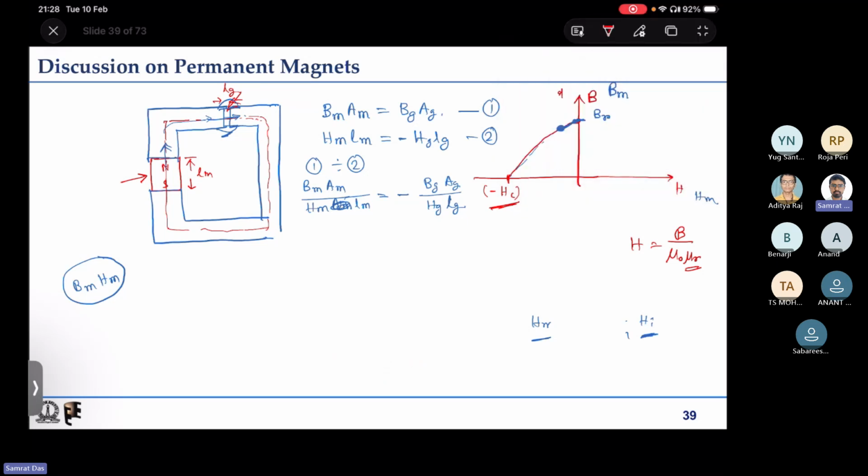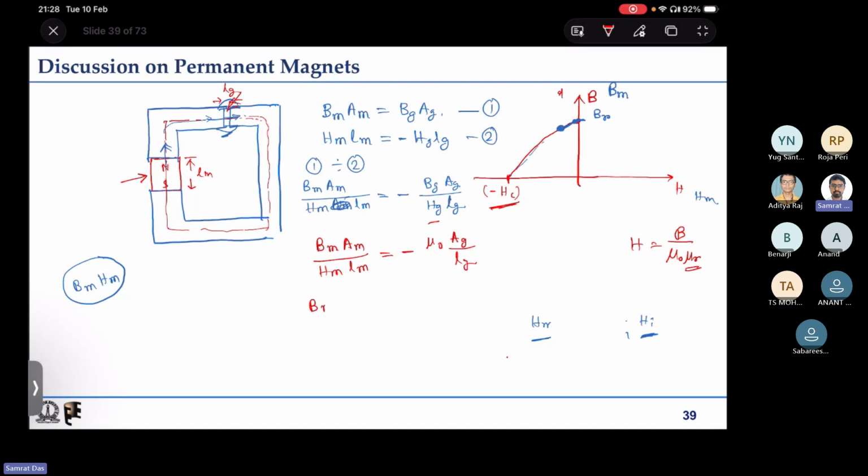Bg by Hg is nothing but mu 0. So Bm into Am divided by Hm into Lm is equal to minus of mu naught into Ag by Lg.